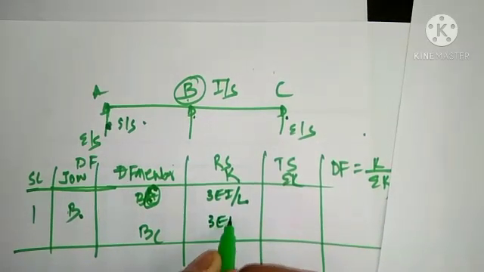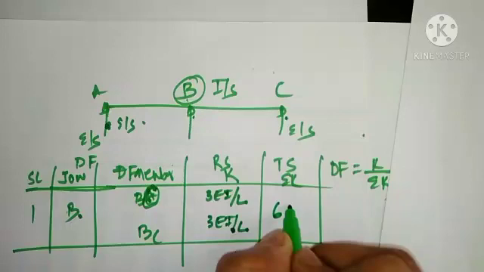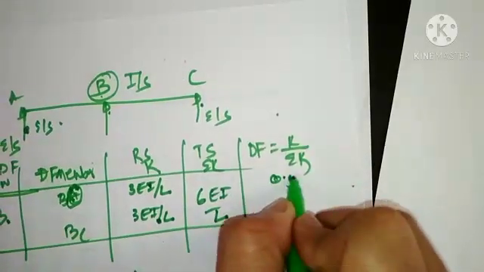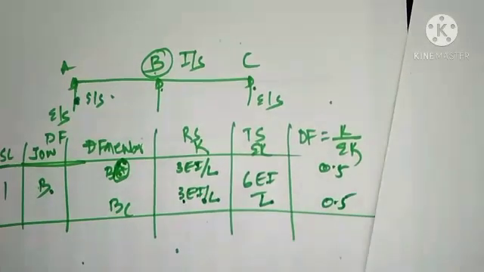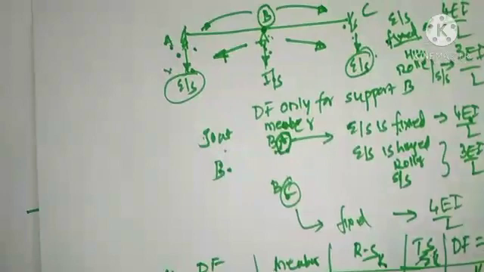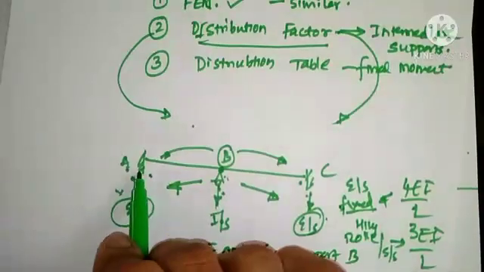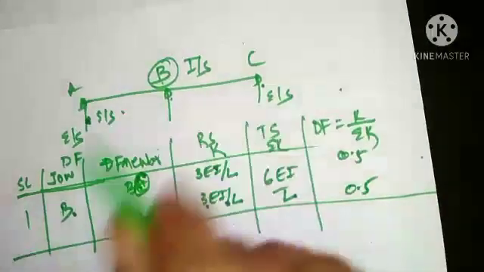Formula will be 3EI by L. Total will be 3EI by L plus 3EI by L will be 6EI by L. And if we divide it again, it shall be 0.5 and 0.5. Now the reason for considering 3EI by L here and 4EI by L there is that there, 4EI by L is used because both the ends are fixed. Here both the ends are simply supported.